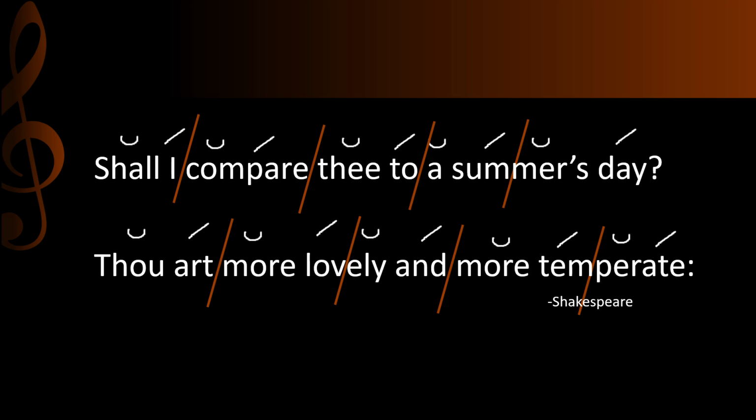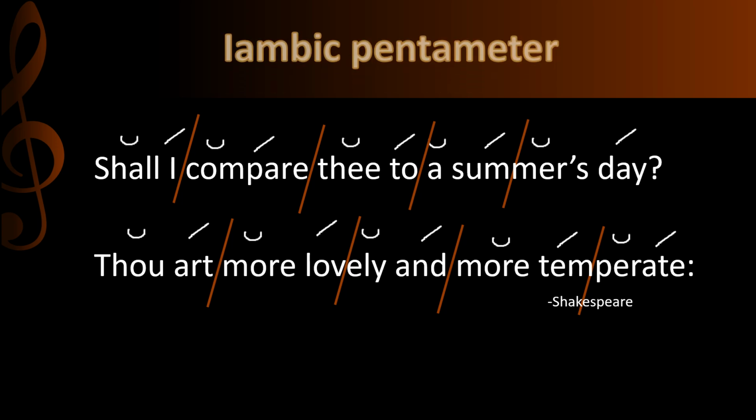And more temperate. So this is an unstressed syllable followed by a stressed one, so that is an iamb. And I have 1, 2, 3, 4, 5 feet per line. So this is iambic pentameter.